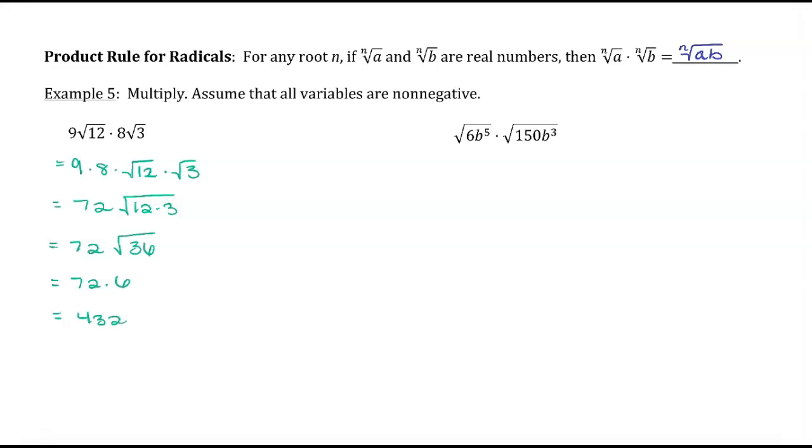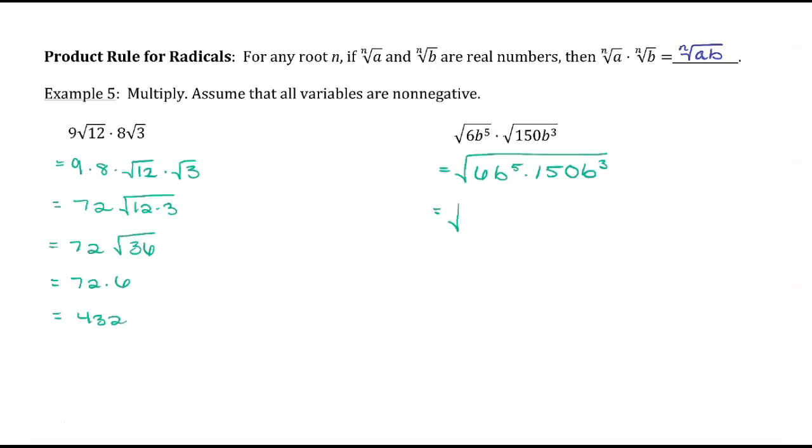Let's take a look at the next one. We have the square root of 6b to the 5th times the square root of 150b cubed. Since these are both square roots, we can combine them into a single square root and multiply what's on the inside. So we have the square root of the product of 6b to the 5th and 150b cubed.